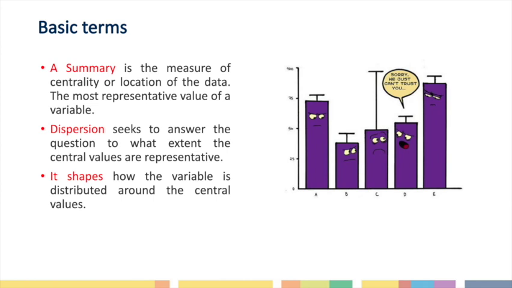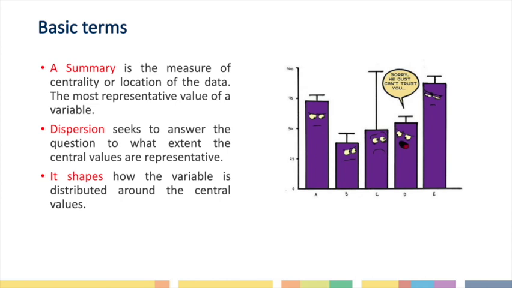In exploratory data analysis, there are basic terms that are important to take into account whenever analyzing anything. The first one is a summary, the measure of centrality or location of the data. It's the most representative value of the variable.